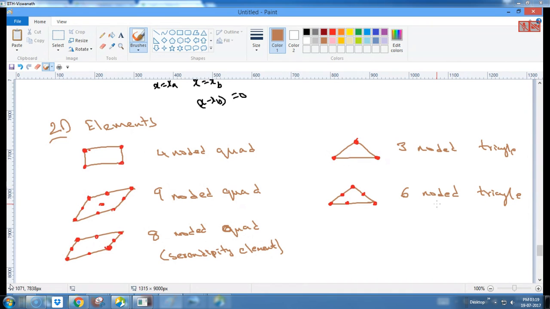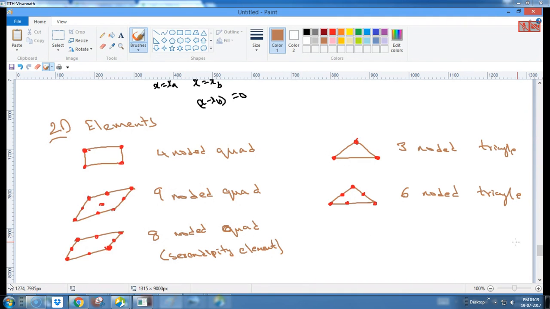You can go for higher order elements, even with different kinds of styles, but these are the most common. These are the common ones that you also find in commercial software for certain inherent advantages.